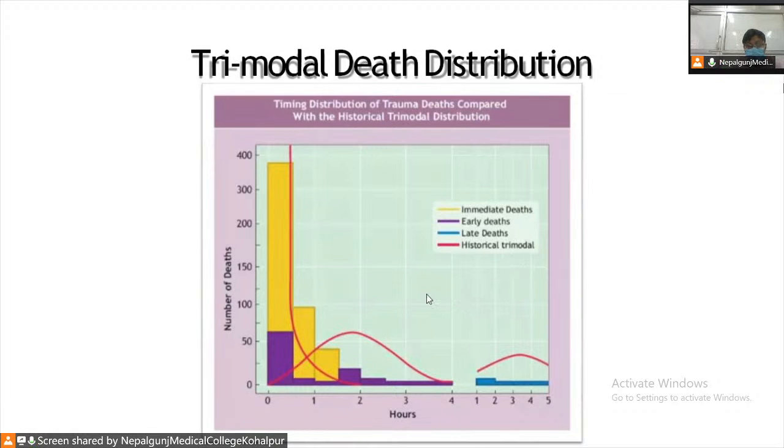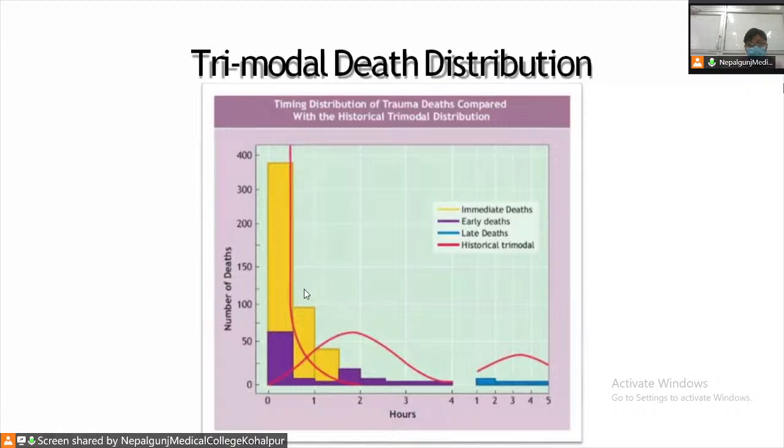Those are immediate deaths. Then in early hours, around 2 to 3 hours, a certain group of people die. That is early death. And after some time, deaths increase after the period of recovery, around 3 to 4 weeks. That is late death.